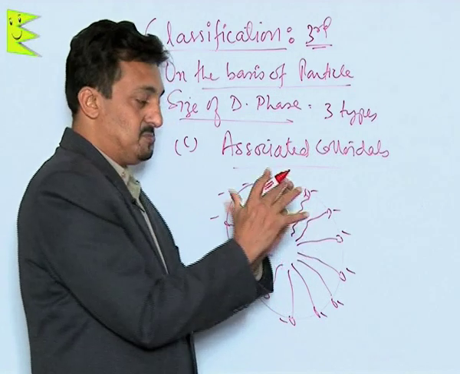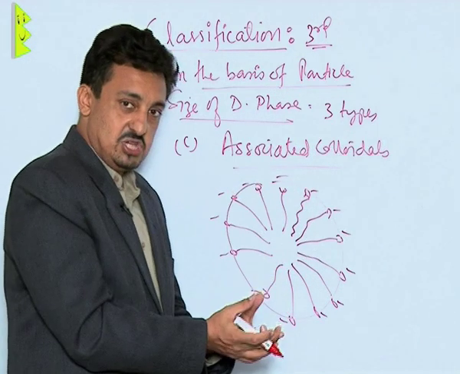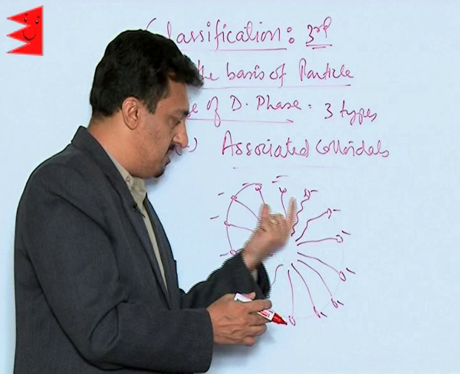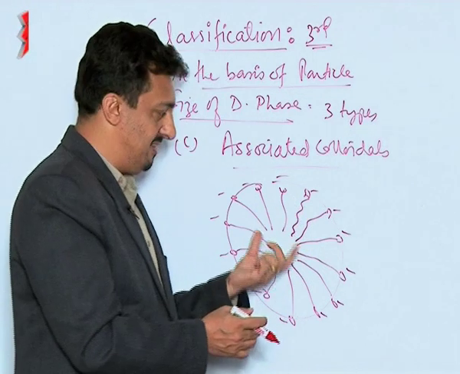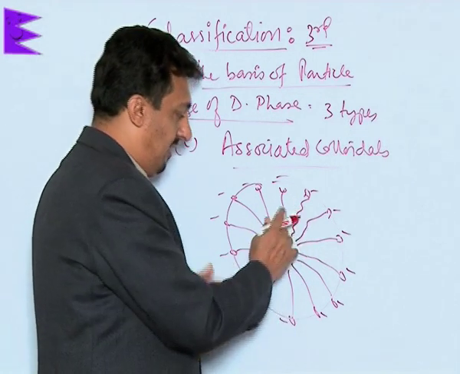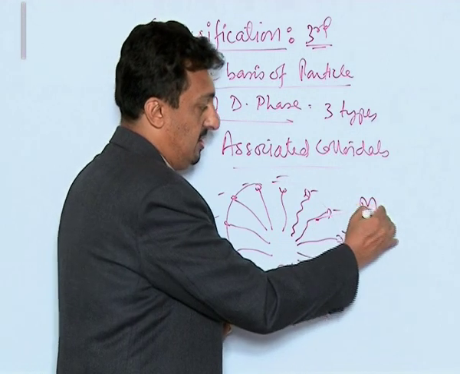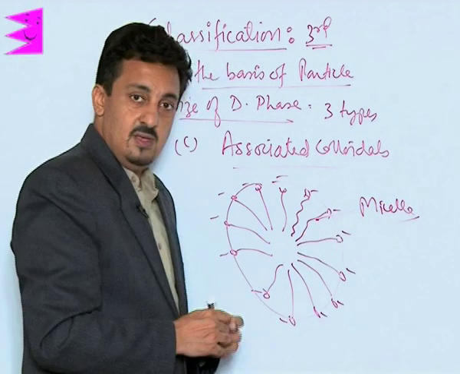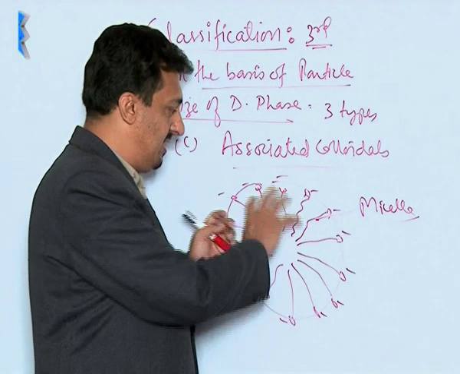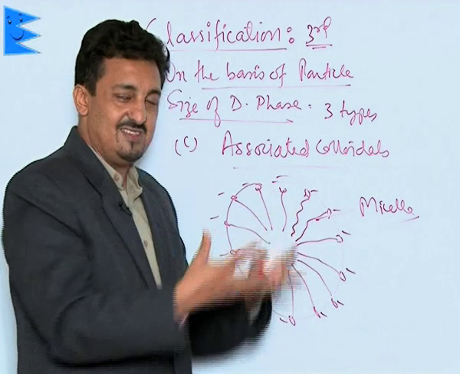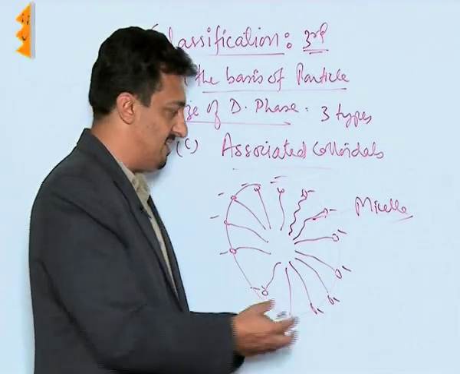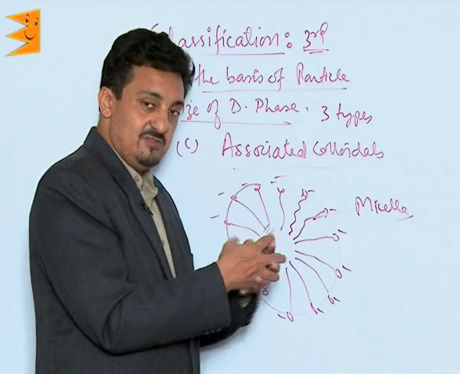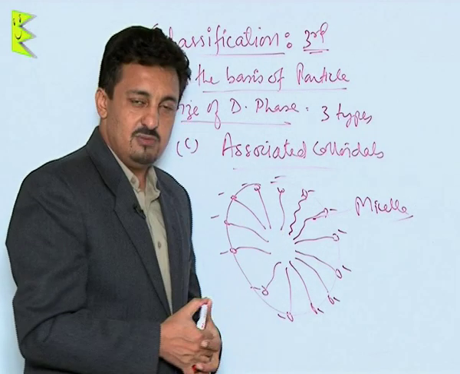So they form a spherical ball like structure. Hundreds and hundreds of these ions combine together, and this aggregated part is called your micelle. Now it is very stable, the reason being it has a negative charge on its surface, so it gets easily hydrated, whereas all the lyophobic parts are towards inside, which again get balanced with each other. So this is how the micelle formation takes place.